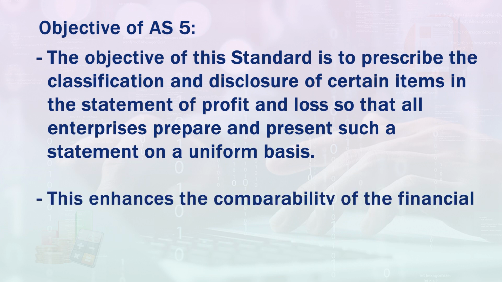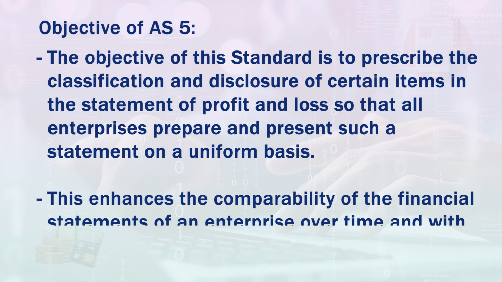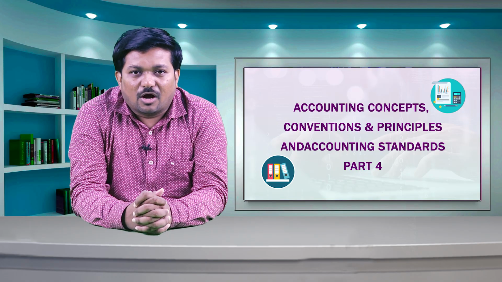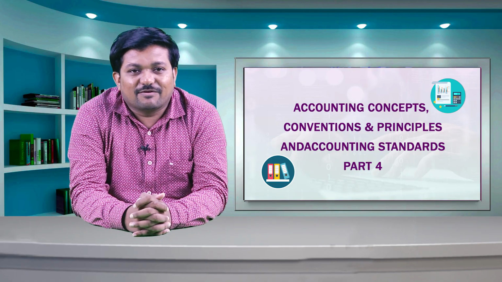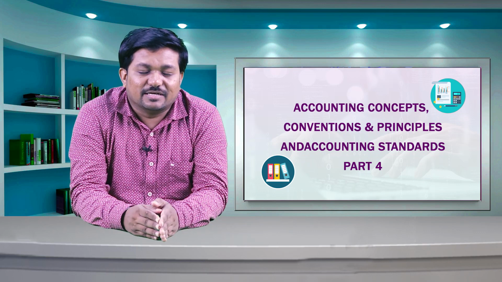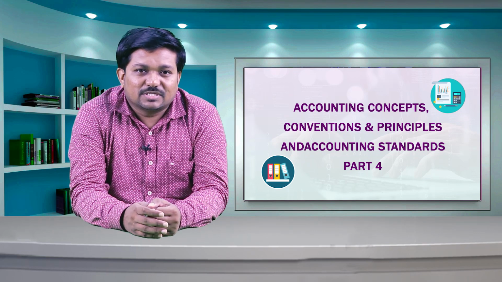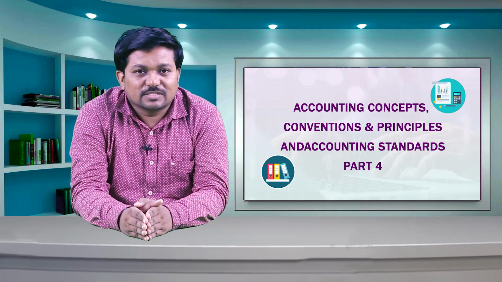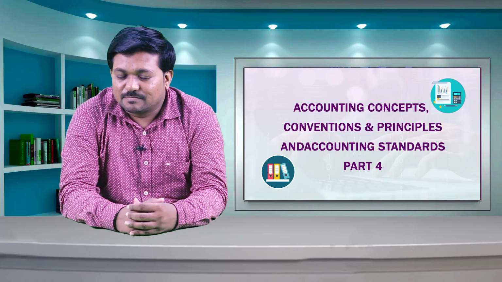This enhances the comparability of the financial statements of an enterprise over time and with the financial statements of other enterprises. Accordingly, this standard requires the classification and disclosure of extraordinary and prior period items and the disclosure of certain items within profit or loss from ordinary activities.